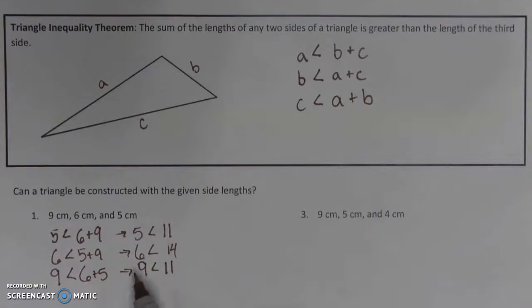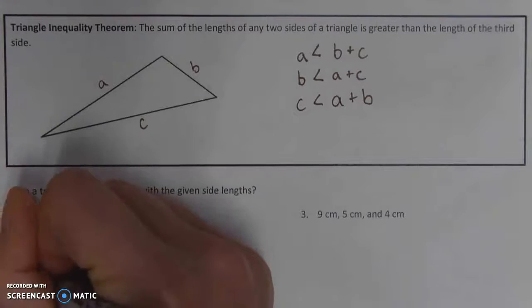Now, what you might notice is there's no need to do all three of these. Really, since 9 is our largest side, it's automatically going to be larger than the other two. So I automatically know that this inequality will work for both my smaller sides. Like 9 will be bigger than the 5 side, and 9 will be bigger than the 6 side.